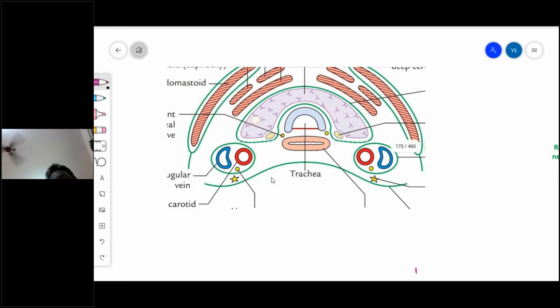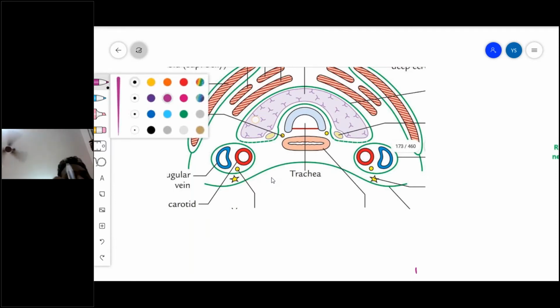So this is a good picture, not only for the thyroid gland. We can use it for the deep cervical fascia, carotid sheath, and thyroid gland. So in this picture, we are going to learn the surface relations. First, we identify the thyroid gland here with the black color.